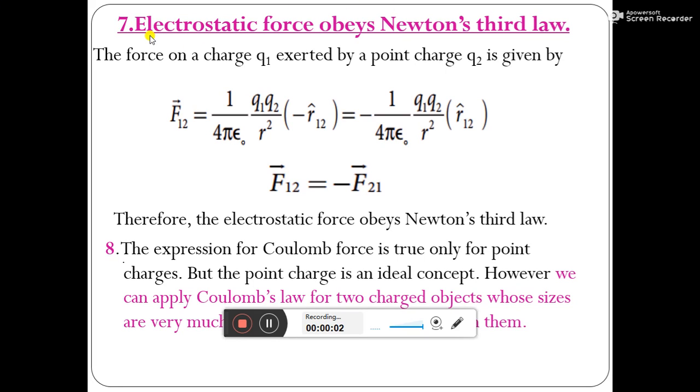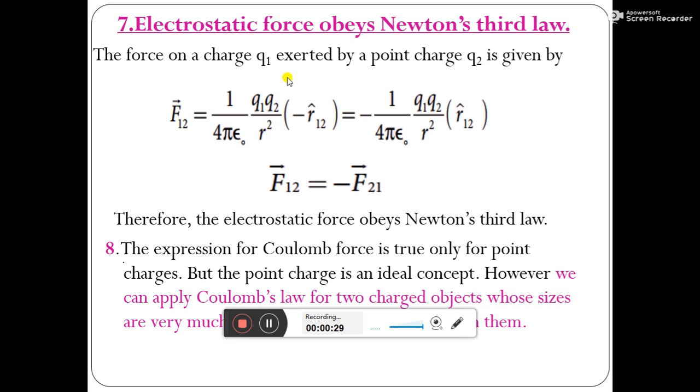Seventh aspect, we are going to show that electrostatic force obeys Newton's third law. According to Coulomb's law, the force on a charge Q1 exerted by the point charge Q2 is given by F12 is equal to 1 divided by 4 pi epsilon naught Q1 Q2 by R squared multiplied by the unit vector R12 with negative sign.